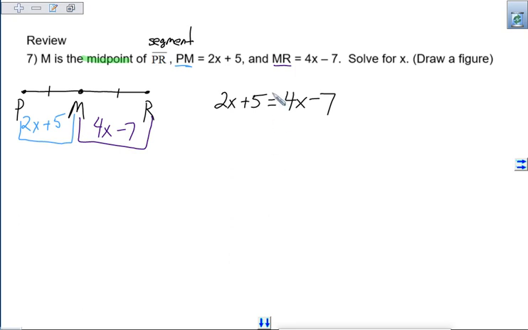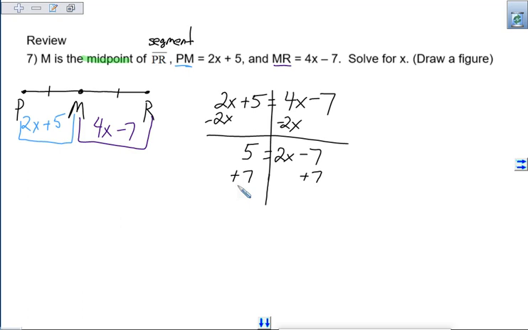And then what would we do now? Subtract 2x from both sides. So 5 equals 2x minus 7. Add 7 to both sides. So 5 plus 7 is 12.